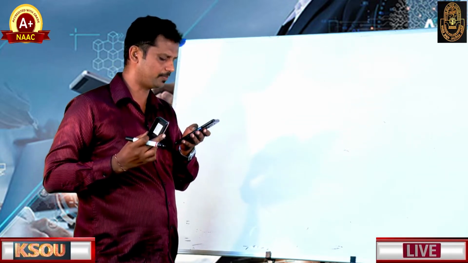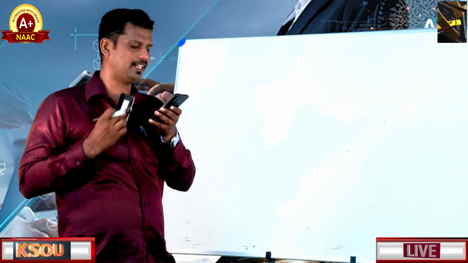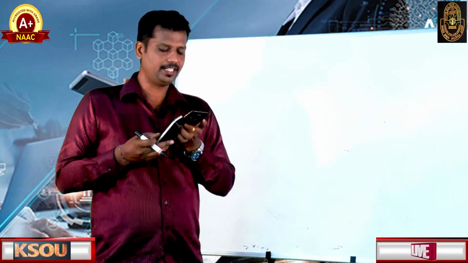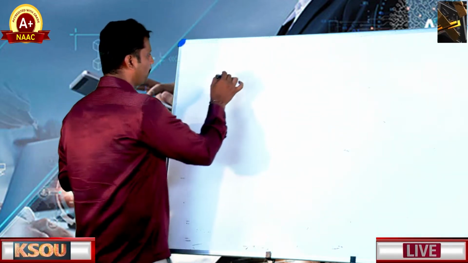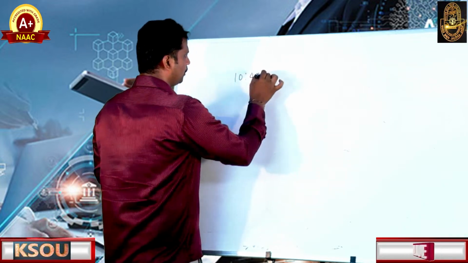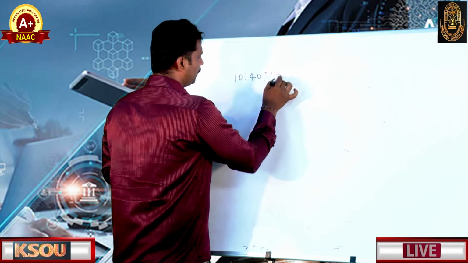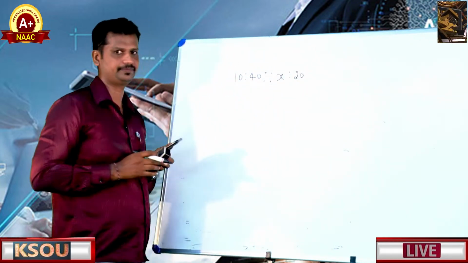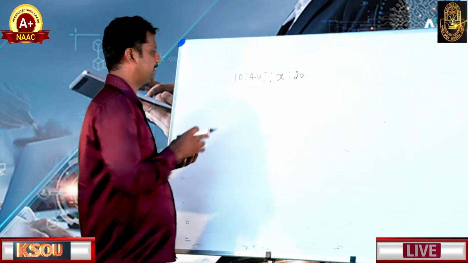especially in your examination. In your study materials, the question is: find the missing term in the proportion. 10 is to 40 proportion x is to 20. The third one is missing.